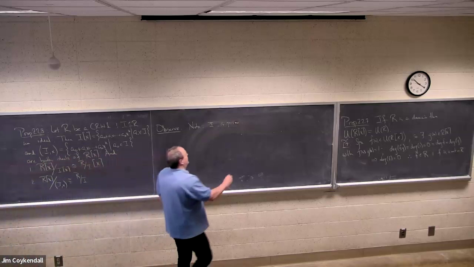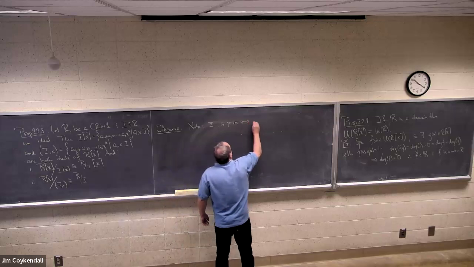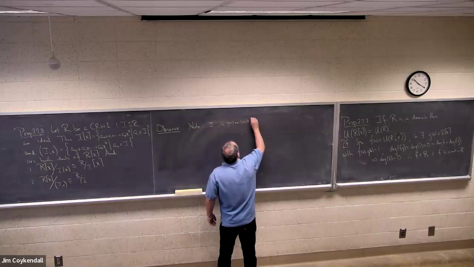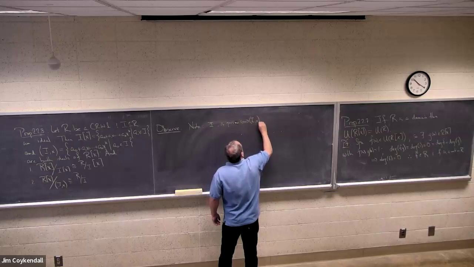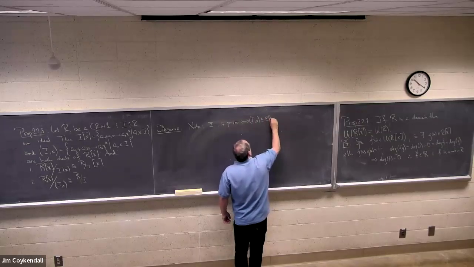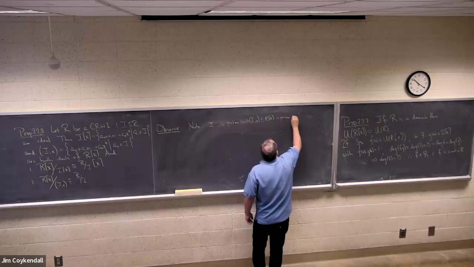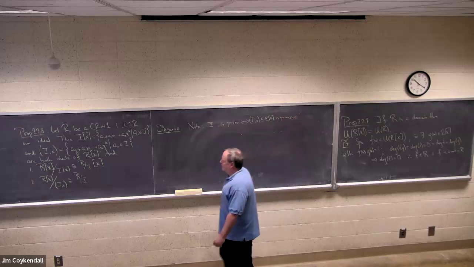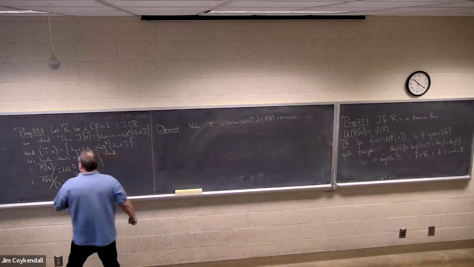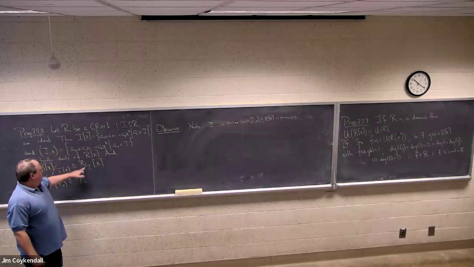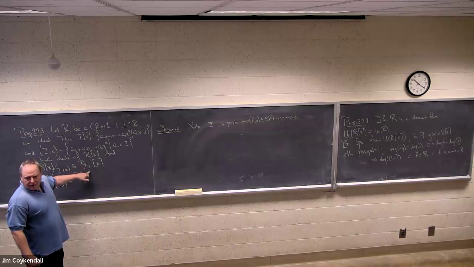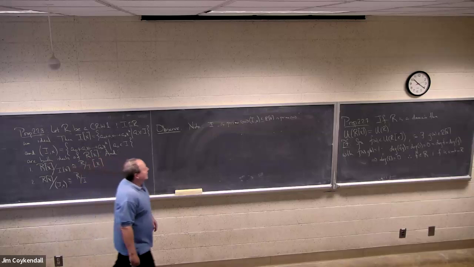I is prime if and only if I[x] in R[x] is prime, if and only if, and of course, again, if I is prime, then this quotient structure is an integral domain, and an integral domain's polynomial ring is an integral domain.